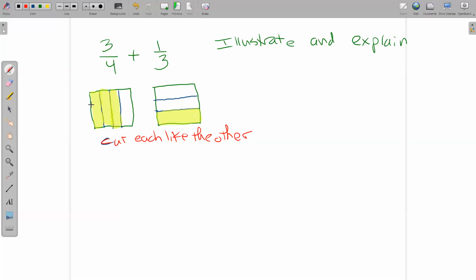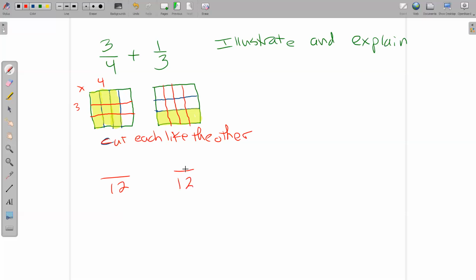And I don't mind drawing over the existing picture. So I want to come into thirds here, best of my ability, and fourths here. And so now what I've created in each of these is a 3 by 4 grid. So that means I'm working with 12ths.